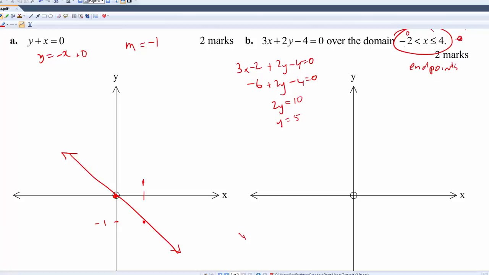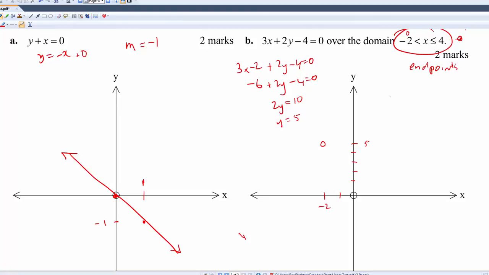When x is negative 2, the y value is 5. So let's mark that in. There's negative 2, and 1, 2, 3, 4, 5. Remember, that coordinate point is not included, so we've got an open circle.